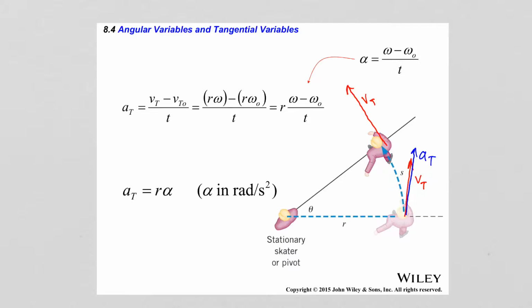It is called tangential acceleration because it is tangent to the circular trajectory of this skater. So here I want to emphasize that this is tangential acceleration, and there is also centripetal acceleration acting on each skater and towards the center of the circular trajectory. This acceleration we are not discussing right here. This is the tangential acceleration.